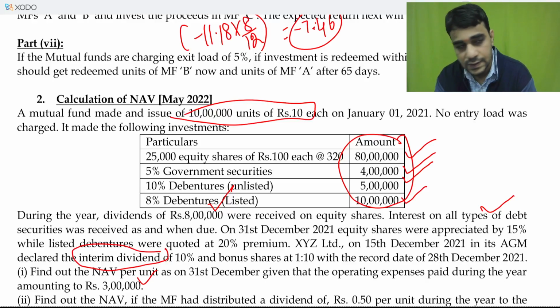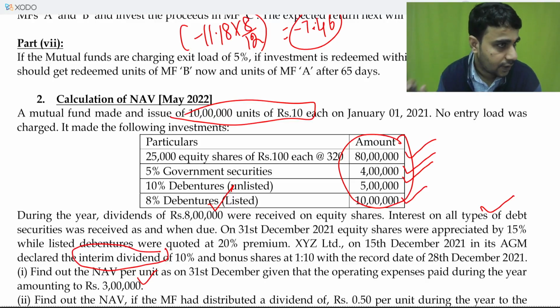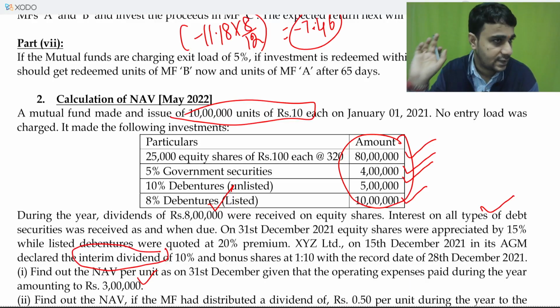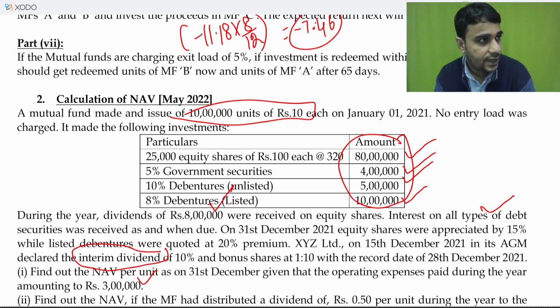If I have got this money, cash would have gone up. If I have not got this money, there will be an asset called dividends receivable. I will not account only after receipt, because I'll have to consider the fair value. The NAV has to consider the value of the asset. So let's first calculate the cash balance. Working note 1.